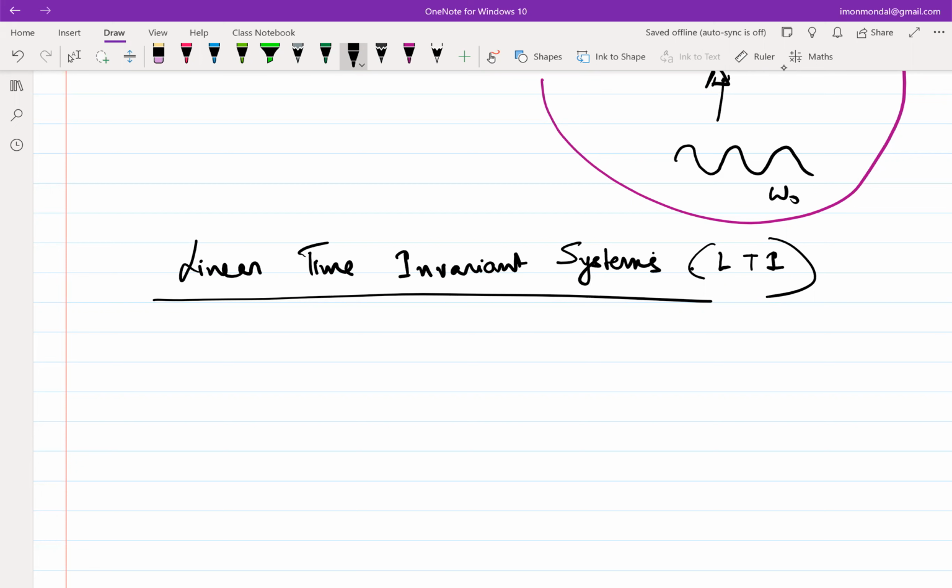Now, some of you might say that, hey, we know so many controlled sources, voltage controlled voltage sources, voltage controlled current sources, they are LTI systems, right? Yes. Then why am I saying that? I'm saying that because the purpose of this course is to design those voltage controlled current sources or voltage controlled voltage sources. I'm not assuming they are available.